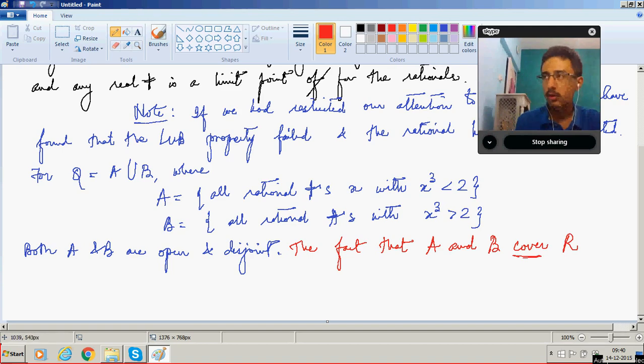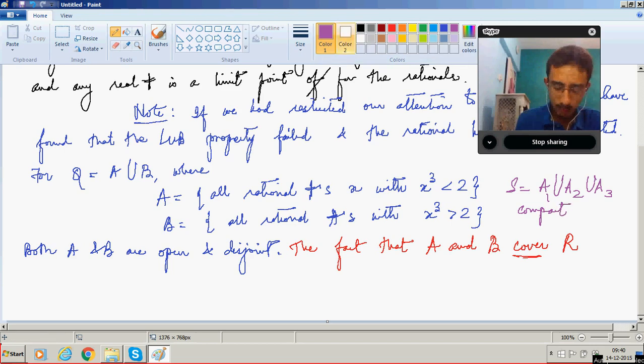You remember, if we say that let us say S is equal to A1 union A2 union A3, then A1, A2, A3 covers S. It will further be used in the case of compact sets, which we will learn very soon.